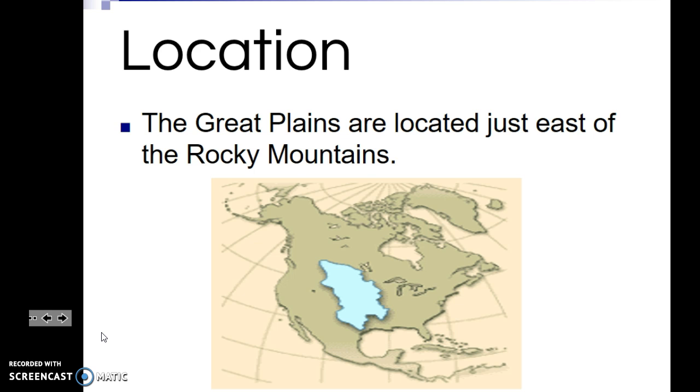The Great Plains are located just east of the Rocky Mountains. This blue area right here, that's where the Great Plains are. And plains are basically flat, very grassy, and I'll talk more about that later on.